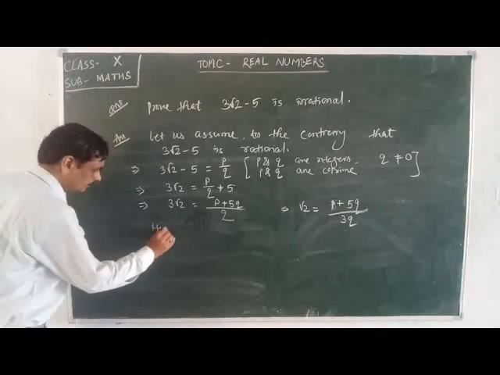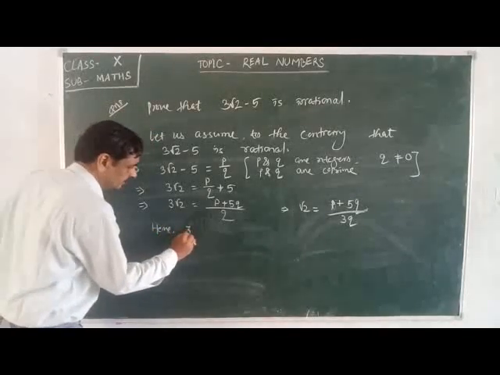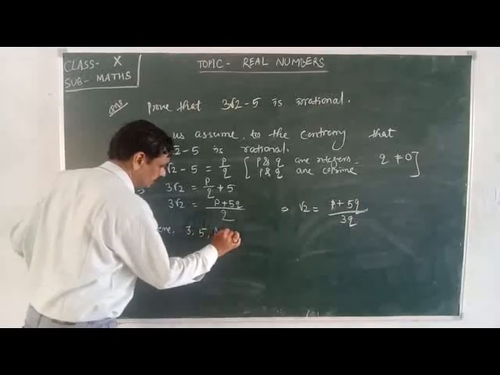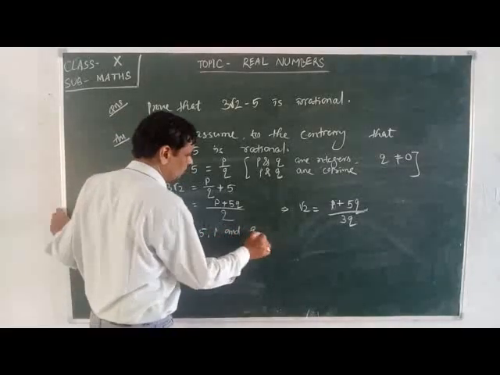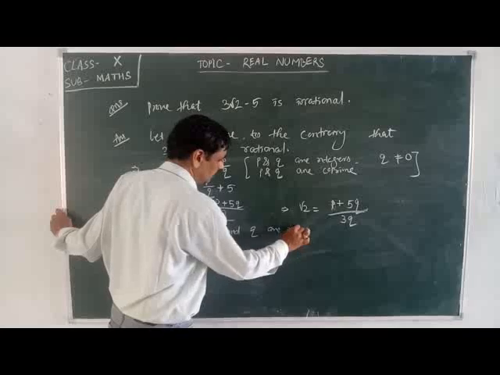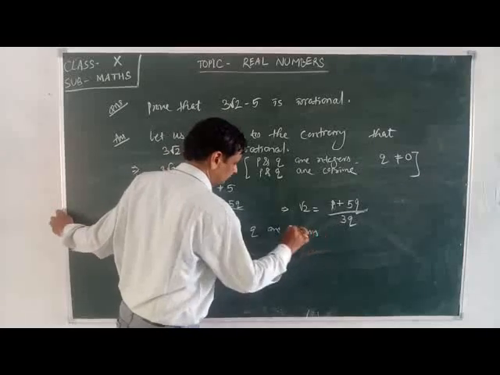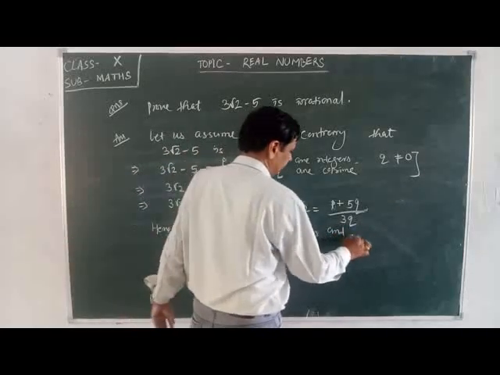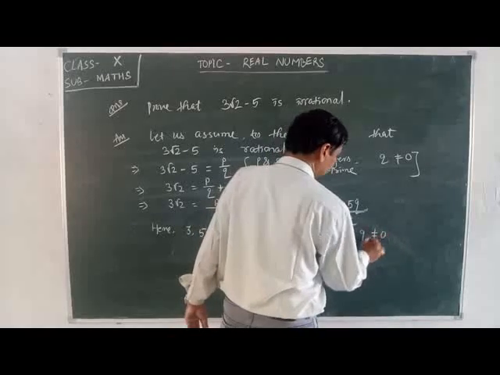Here 3, 5, P and Q are integers and Q is not equal to 0.